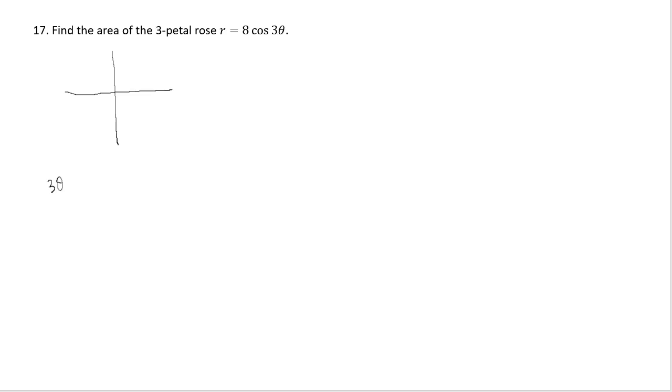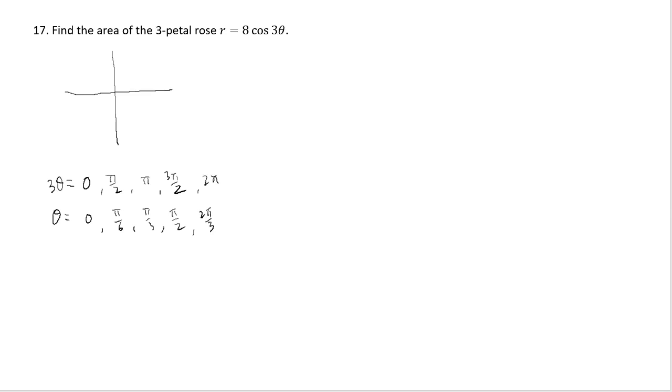Just think about the case when 3 theta becomes one of these important values like 0, pi over 2, pi, 3 pi over 2, and then 2 pi. If you solve for theta, it's 0, pi over 6, pi over 3, pi over 2, and then 2 pi over 3.